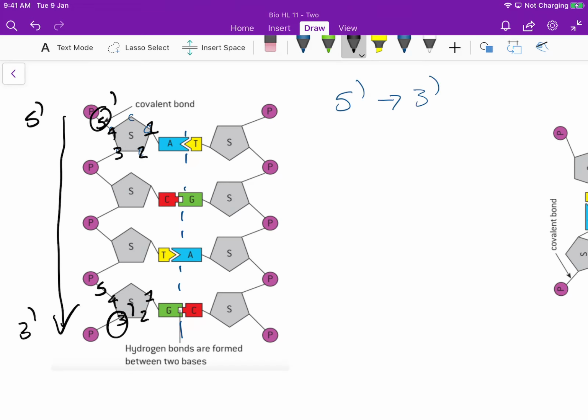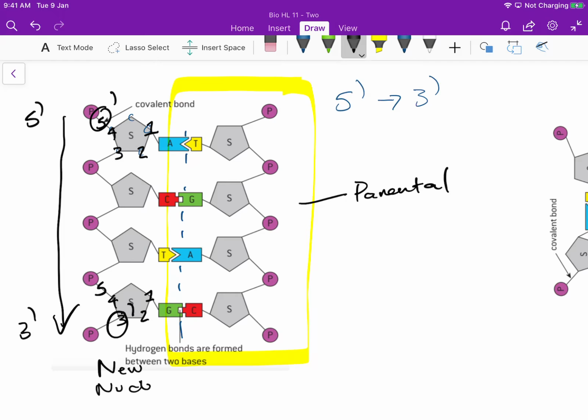So DNA polymerase 3 can attach, so it'd be attaching, this would be the parental DNA that it would be reading, and it would be adding nucleotides at this end. So the new nucleotide would have to be added on at the 3' end.